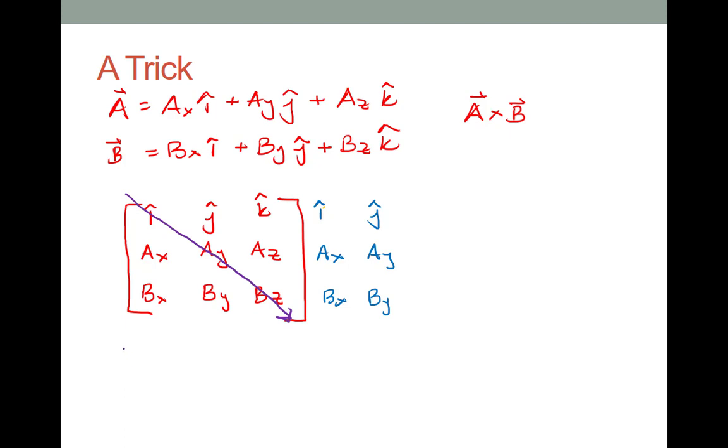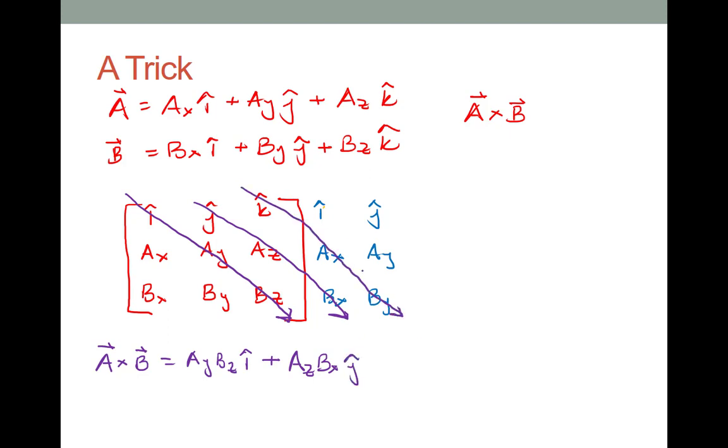So our first term in A cross B will be AY BZ I hat. The second one, go down the next line, is going to be AZ BX J hat. And the next one will be AX BY K hat.